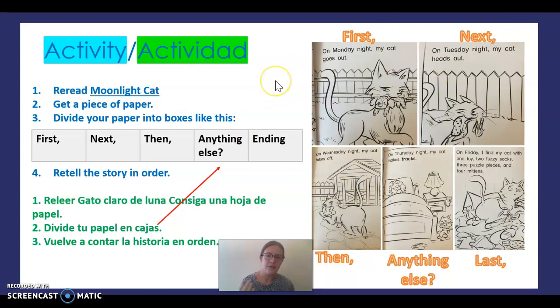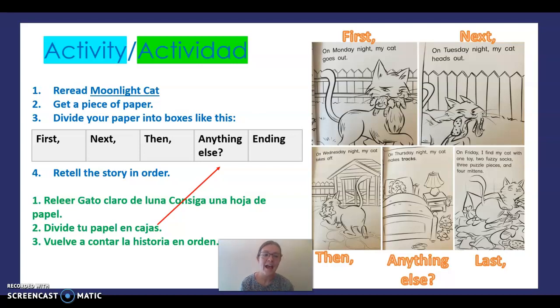Over here, I did an example for you guys. I didn't use every single page because we didn't really need that. I just needed to know what was happening throughout the book. So first, on Monday night, the cat went outside carrying Brother's toy, right? And then next, on Tuesday night, the cat headed out with, I think it was Grandma's fuzzy socks. And then on Wednesday night, the cat took off with some puzzle pieces.